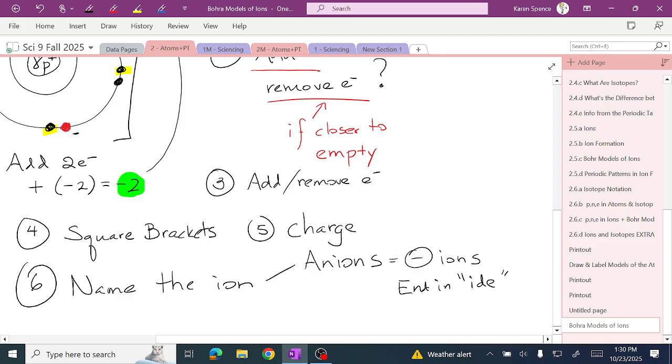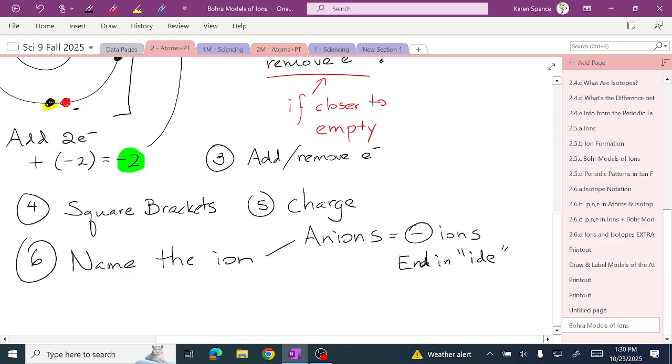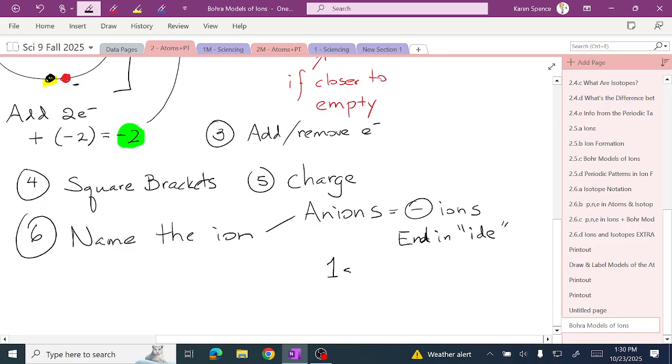There's like one exception to it, but I'm not even going to teach it to you. Okay? Because like, who needs it? It's grade 9. You don't need exceptions. So you take the first syllable of the element and add "ide."